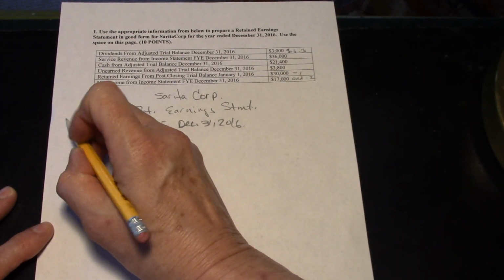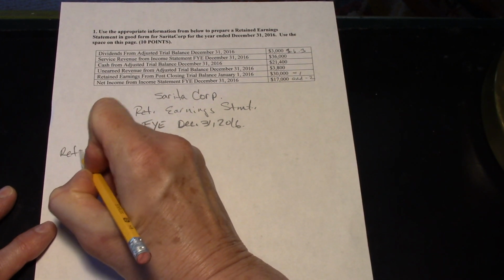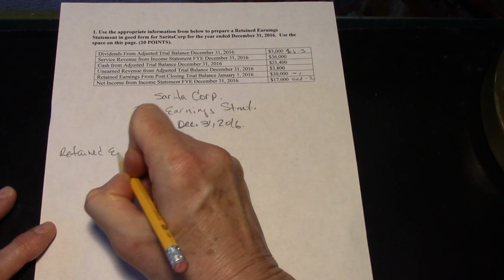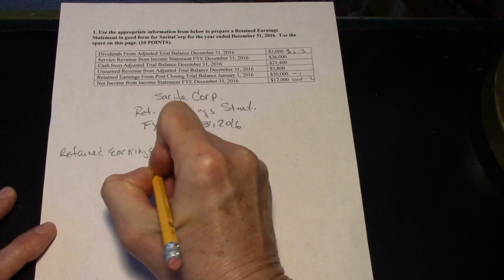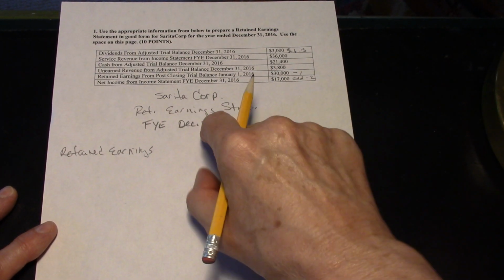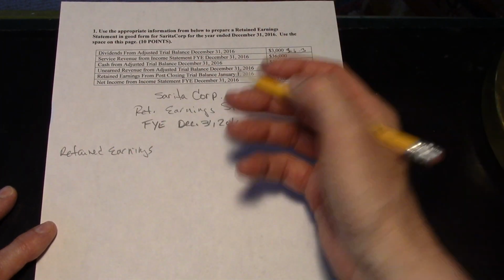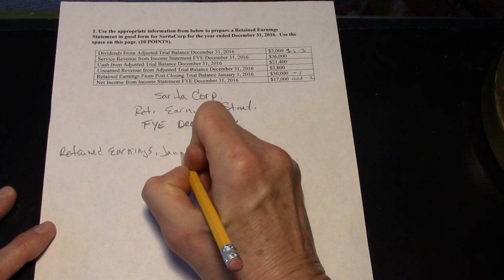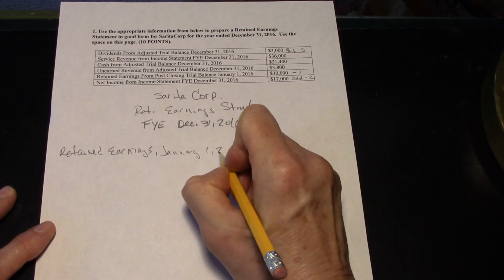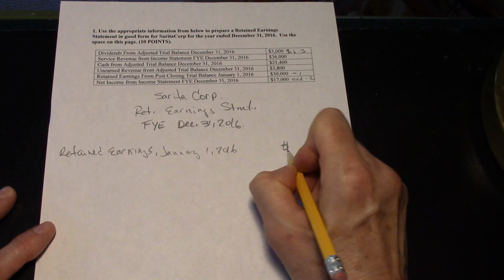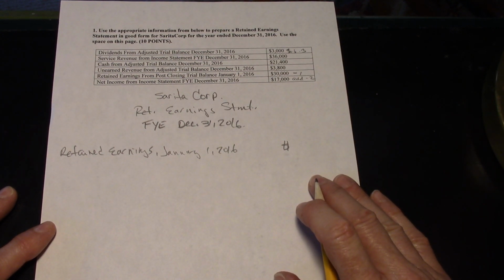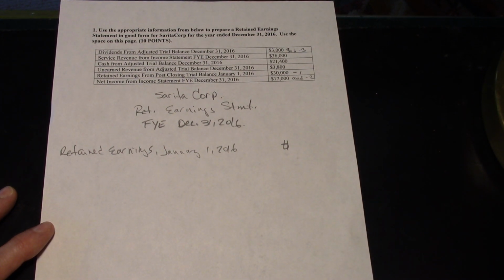So you write retained earnings. And so if this year ends on December 31st, the retained earnings would have started on January 1st. January 1, 2016. And the beginning retained earnings are $30,000.